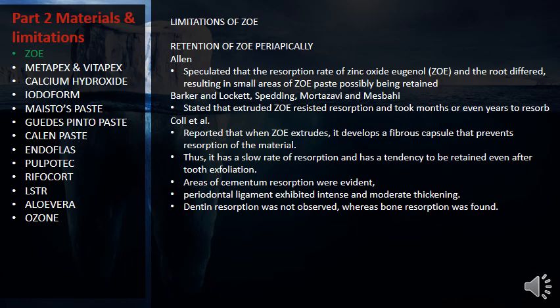According to Coll et al., when ZOE is extruded, it develops a fibrous capsule that prevents resorption of the material. Thus, it has a slow rate of resorption and a tendency to be retained even after tooth exfoliation. Areas of cementum resorption were evident. Periodontal ligament exhibited intense and moderate thickening. Dentine resorption was not observed, whereas bone resorption was found.